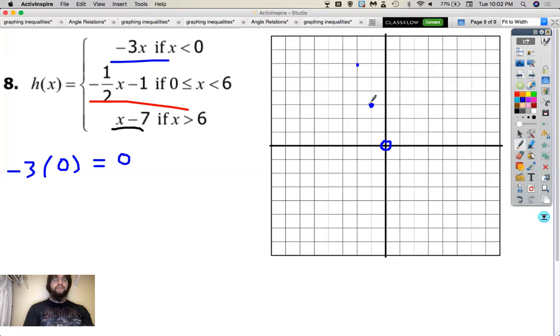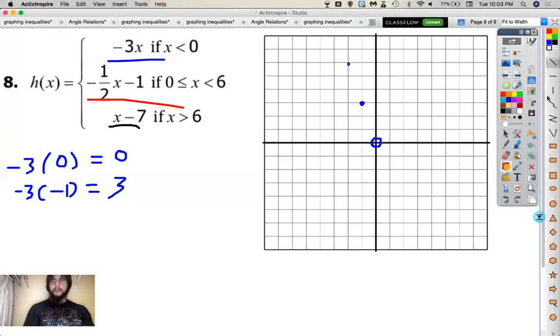You could also have plotted another point. So I need to put a number to the left of 0. How about -1 works. 3. So I could plot the point -1, 3. Oh, hey, look, there it is. I already did it, because I used my slope. You'll get the same thing either way. Your choice. All right, so that's my blue guy.